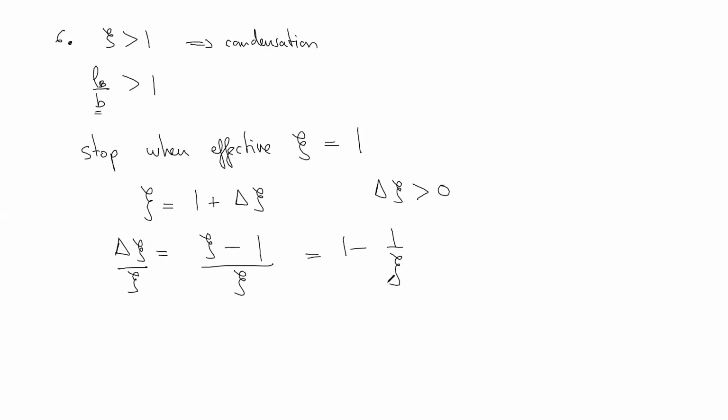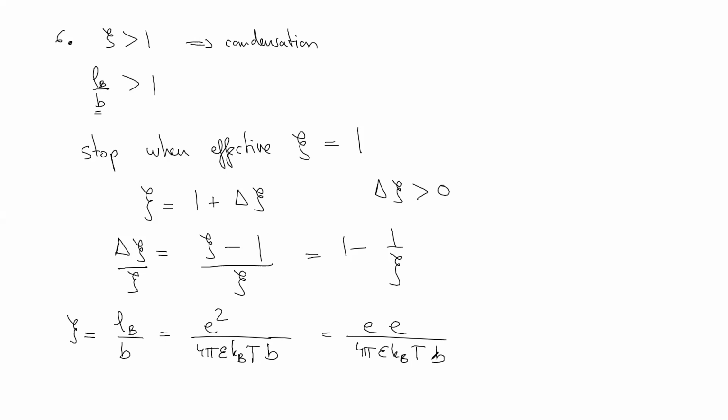Let me just come back to the physical meaning of Xi. Xi is, we said, the Bjerrum length divided by B. So mathematically, or physically rather, it's e squared over 4 pi epsilon kBT for the Bjerrum length, divided by B. And here I can decompose it in 2 charges, just to discuss a bit, which have different meanings.